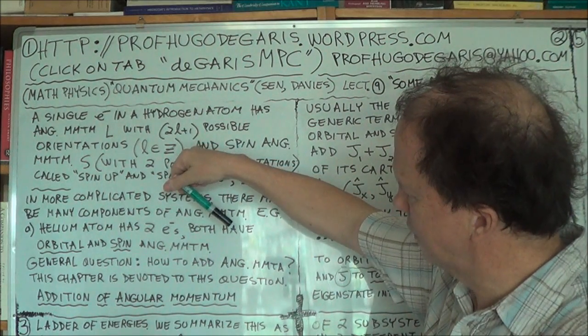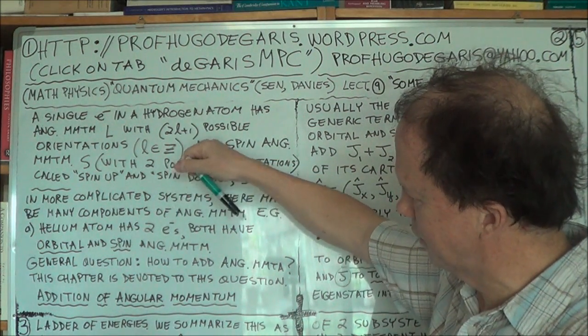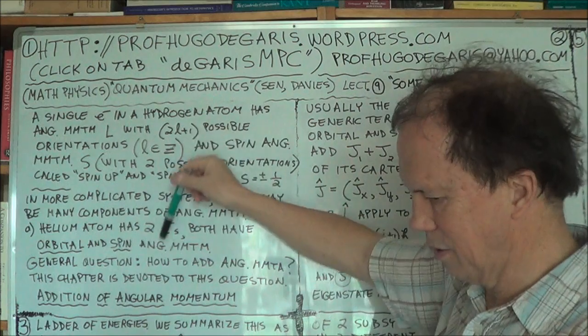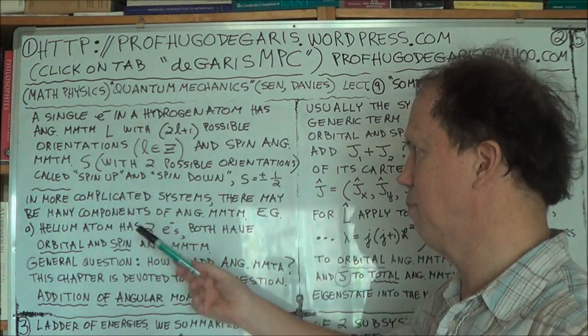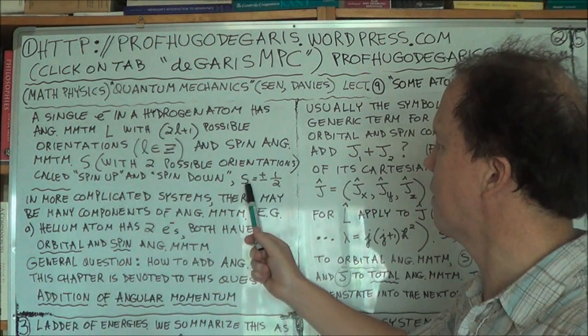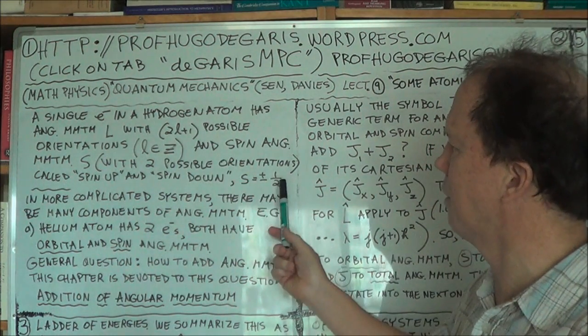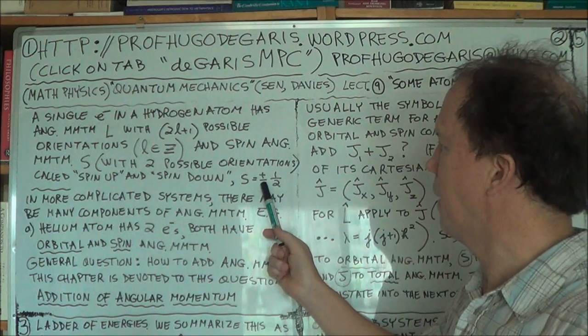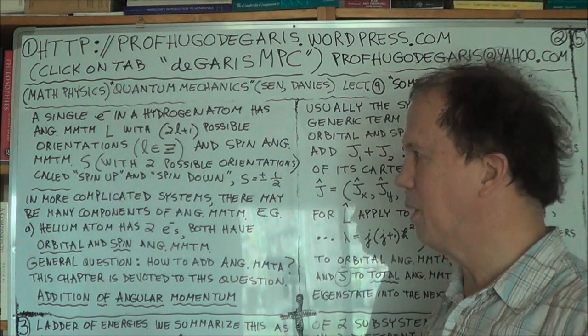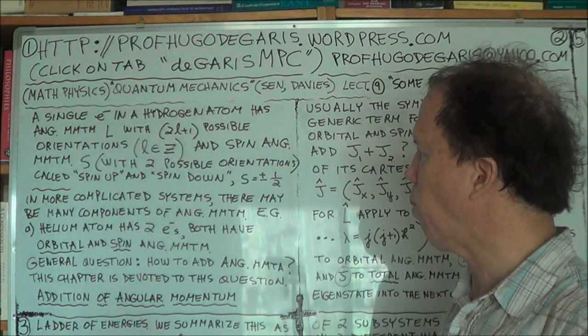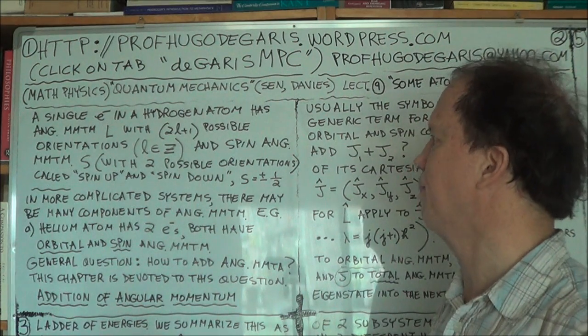And when S is this way and you project it to the z-axis, that component downwards is spin down. We've done this, and you do the math, and you get the eigenvalues for the spin projections, m, as plus or minus a half.